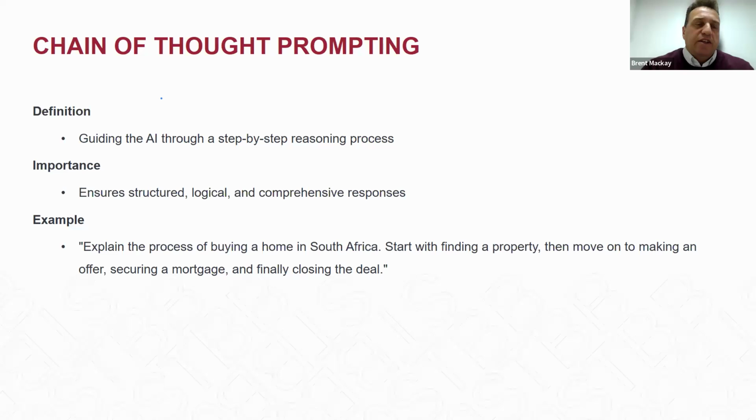But you can do that in a single prompt by saying, considering an estate agent in the South African market and all the tasks they perform on a day-to-day basis, first list and discover all those tasks that they perform, then considering the output, provide a list of ways that AI could help estate agents.